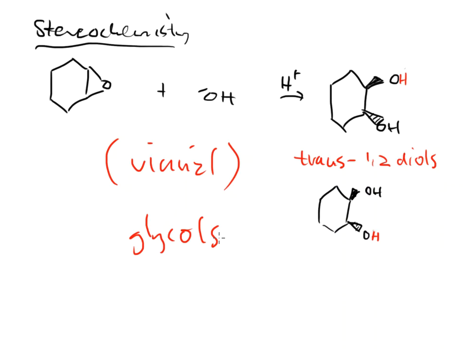Will it add on to the back side, or will it add on to the front side? And in this case, we get a trans orientation. So as you would expect, if this gives us trans, is there a way that we can get cis? Can we put these OH groups on the same side, not on opposite sides? And the answer is yes, we can do that.